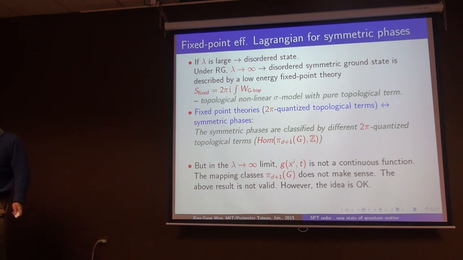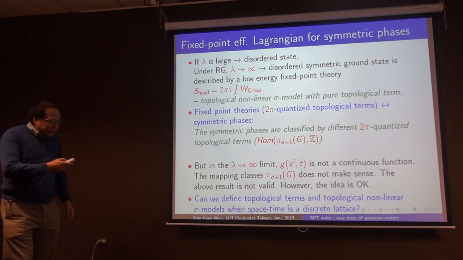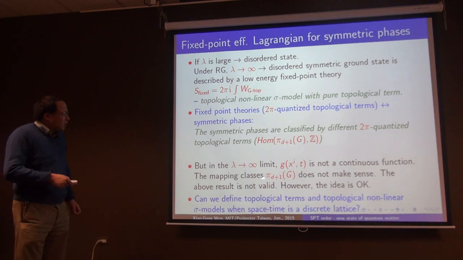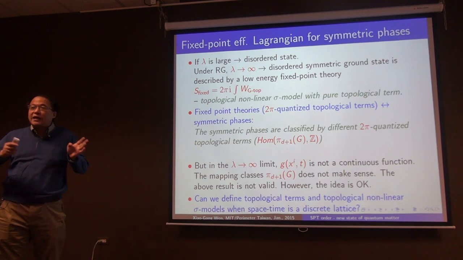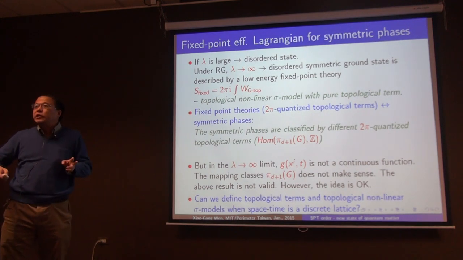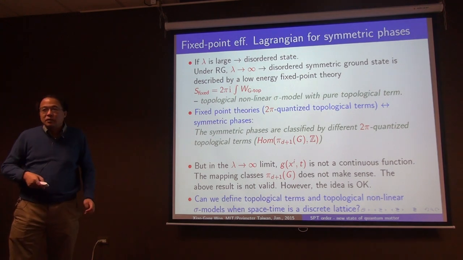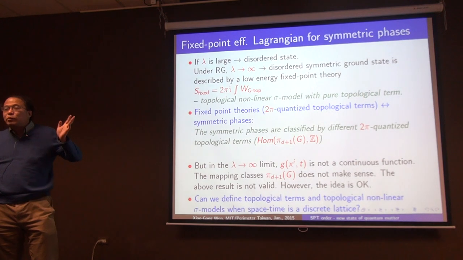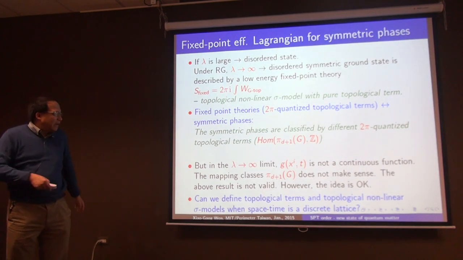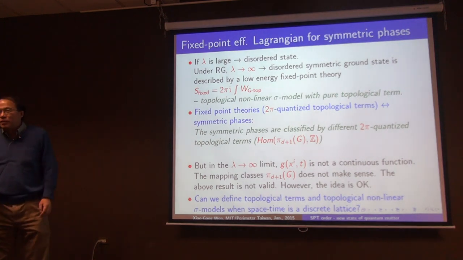We don't have SPD states. And so the issue really became that when the space-time became a lattice, when you put the theory on the lattice, when you don't have a notion of a continuous field, can we still define a topological term? If we cannot define a topological term, then we don't have SPD states. If we can still define a topological term, then we will have SPD states.